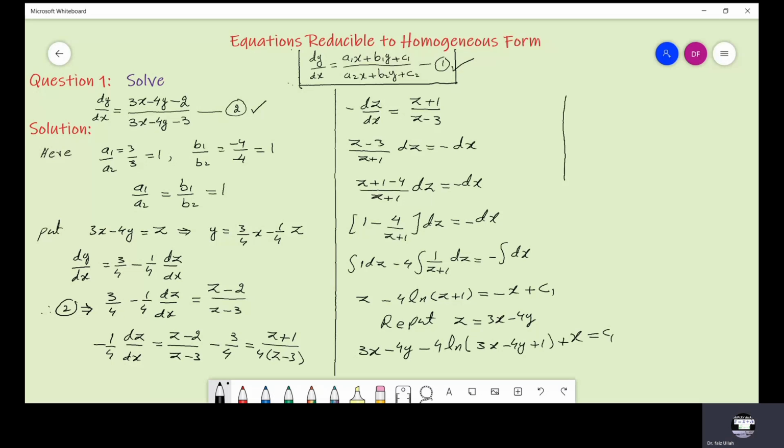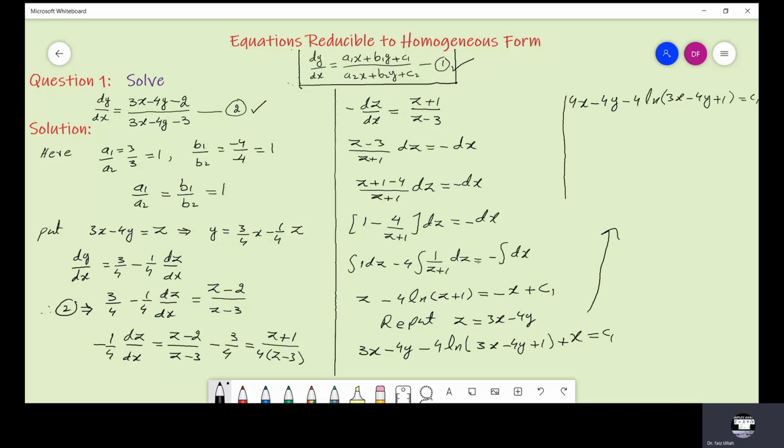Now if we further simplify this equation, we have 3x plus x, this is 4x. So we have 4x minus 4y minus 4 ln|3x minus 4y plus 1| is equal to c1.